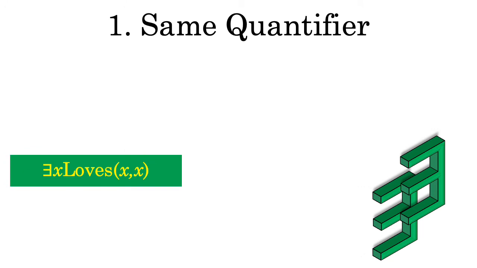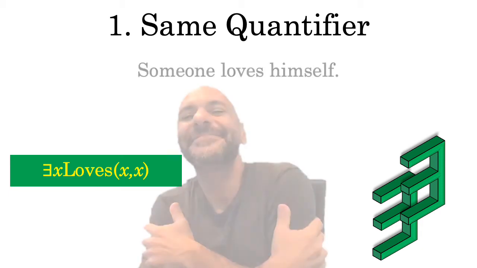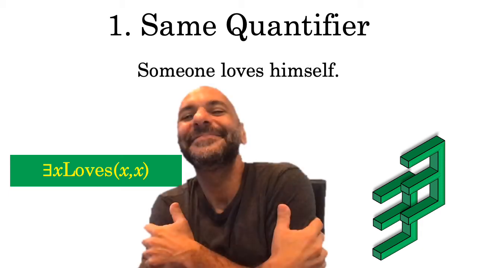Okay, before turning to mixed quantifiers, let me give you a few pointers or nuances about translating. Here's the first. If you have something like the expression you see there on the left, there is some x such that x loves x, this is basically expressing what's sometimes called a reflexive relationship. So this says, someone loves himself.